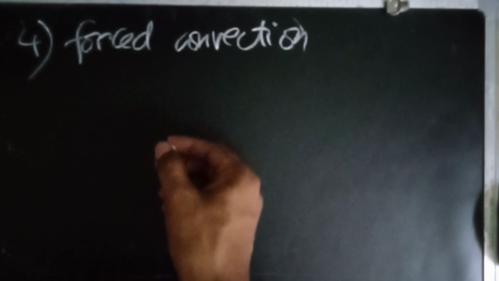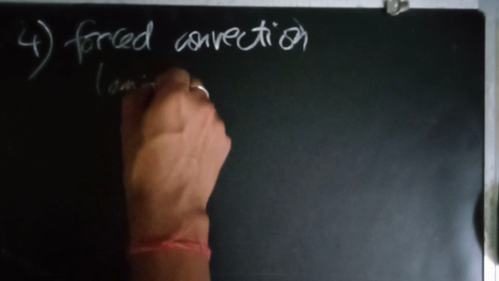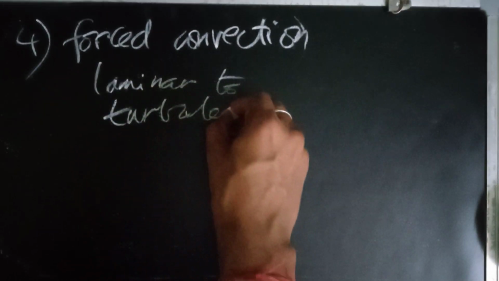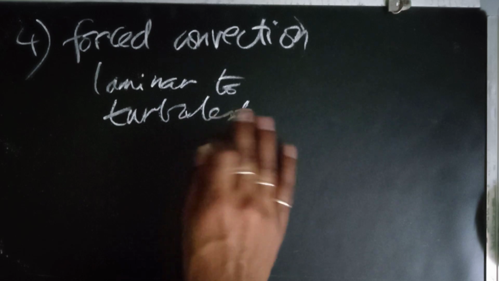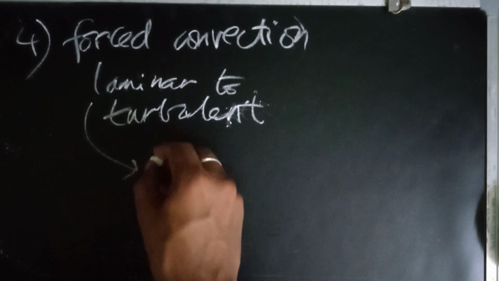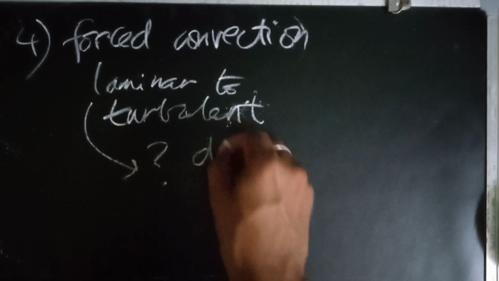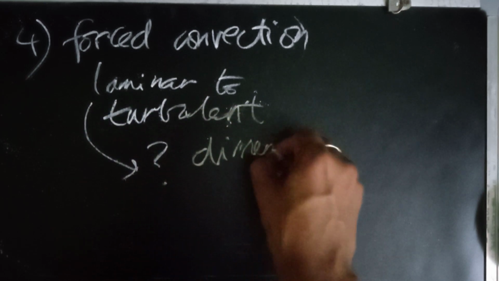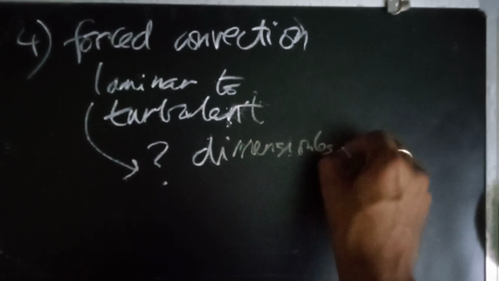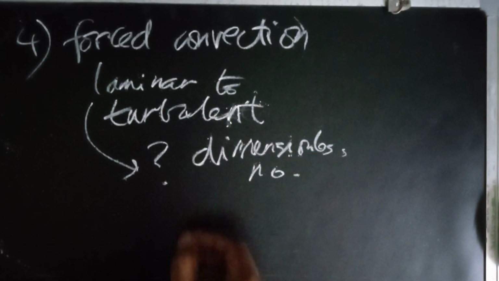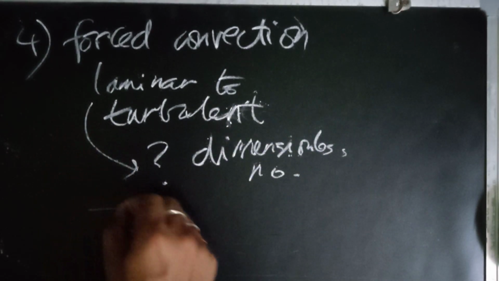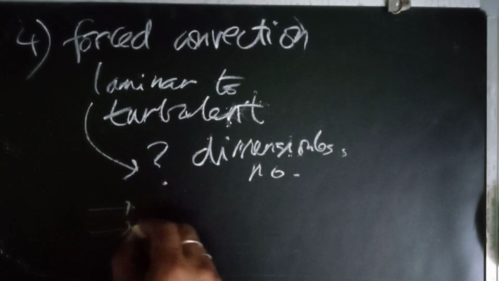Here they asked that the change from laminar to turbulent is known by which dimensionless number. There were very different options.